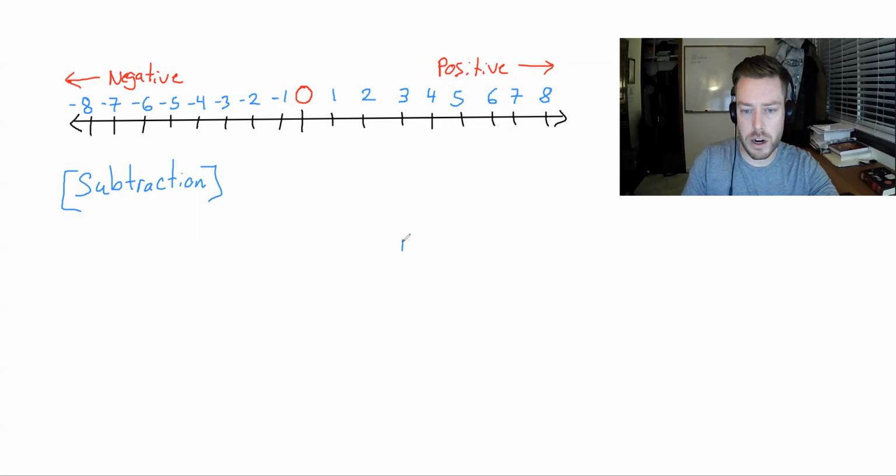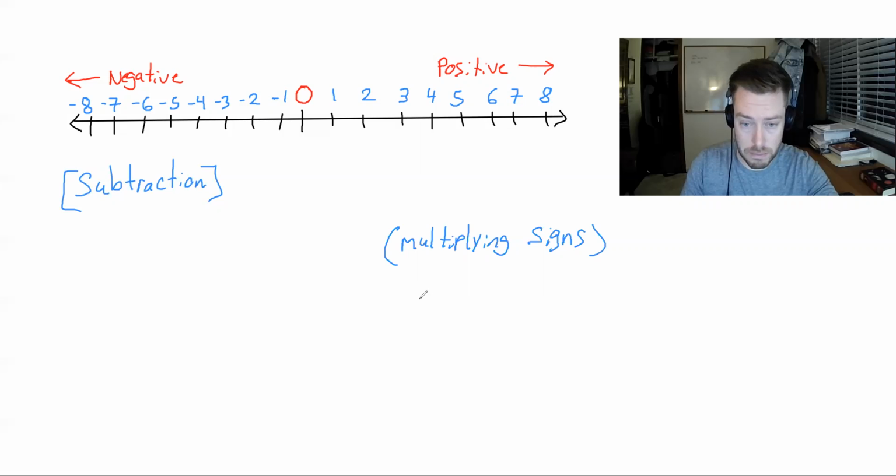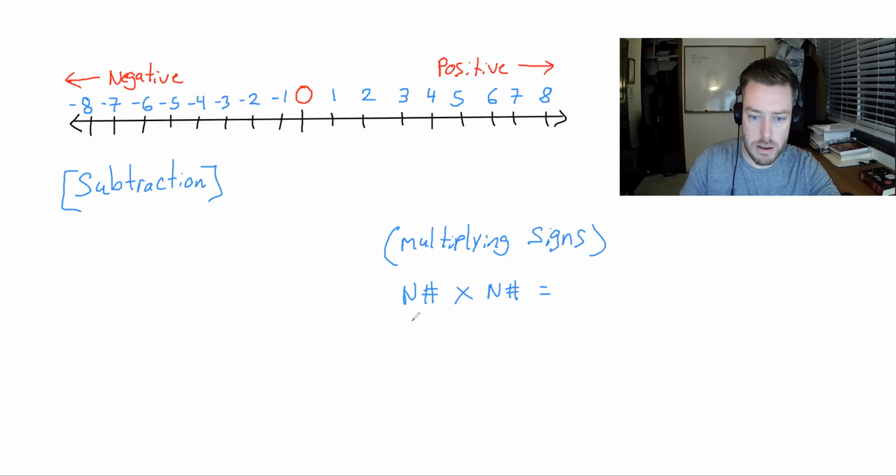So when we are multiplying signs, and again, my handwriting's awful, I'll write this in a better notation. Let's say we have a negative number times a negative number.